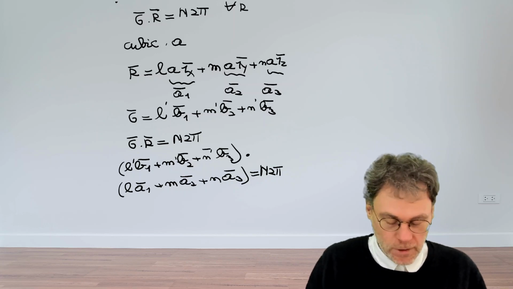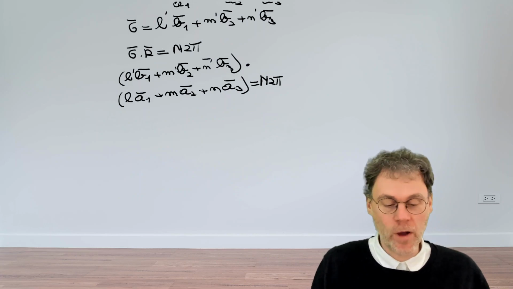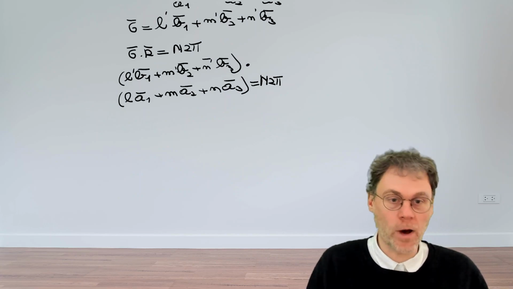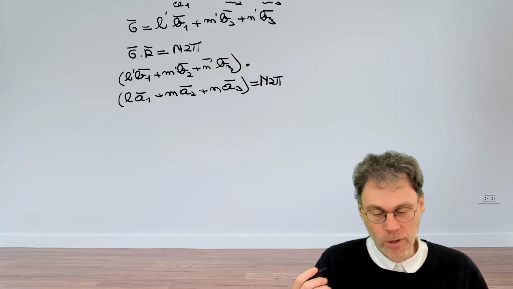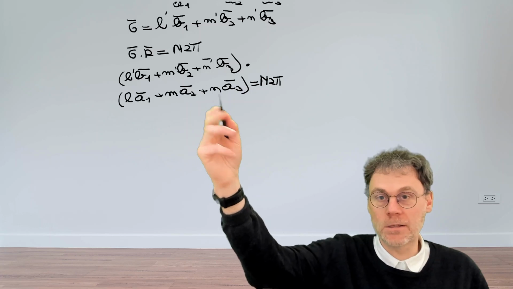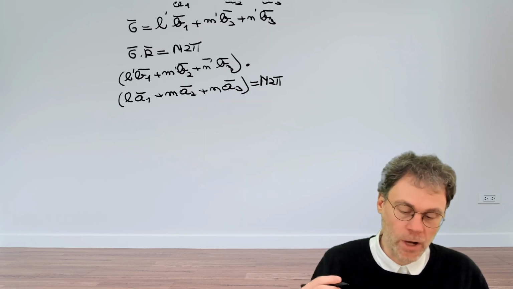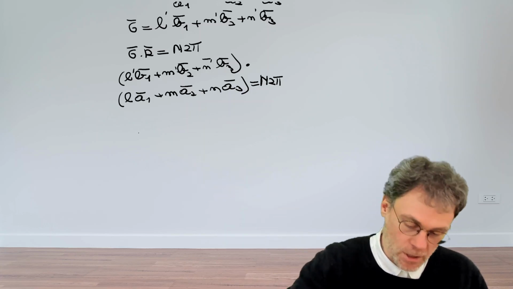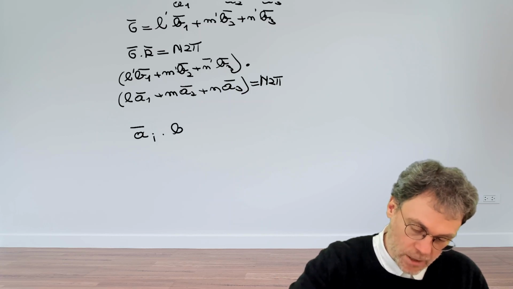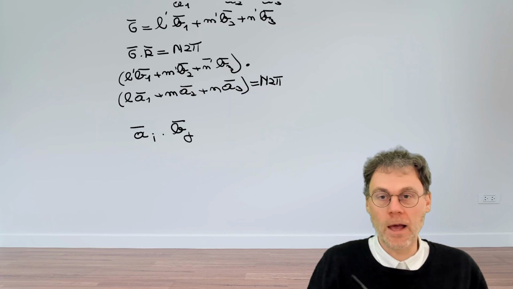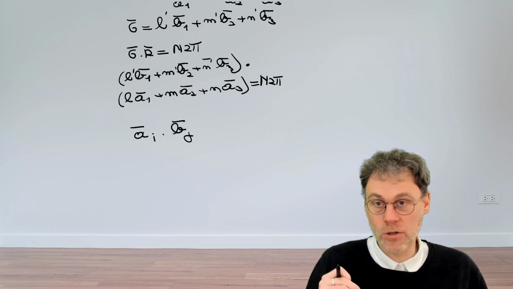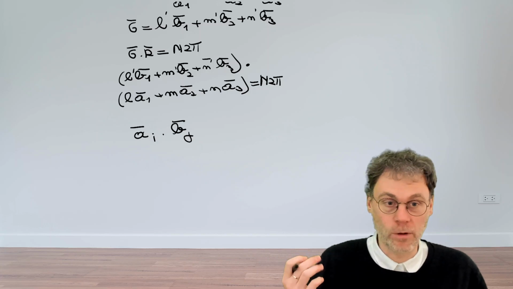So let's see if we can figure out a way of satisfying this. And if we stare at this for a while, perhaps we might think, well, one way of satisfying this condition is that if we expand this thing over here, we will have all these products of a certain a_i and a certain b_j. And if we make sure that all of these are integer multiples of 2 pi, then we're in business.